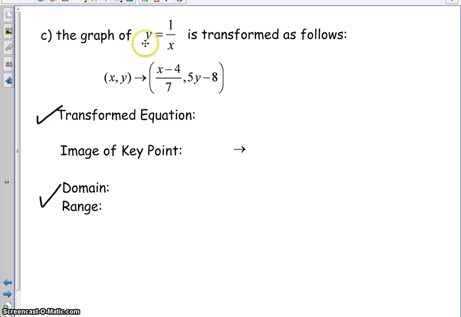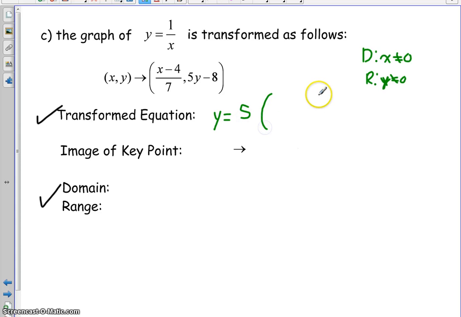Okay, in the case of y equals 1 over x, my original domain, x cannot be 0. My original range is y cannot be 0. For a transformed equation, I have y equals 5 times something with 1 over x, but it's not going to be 1 over x, it's going to be 1 over something else.